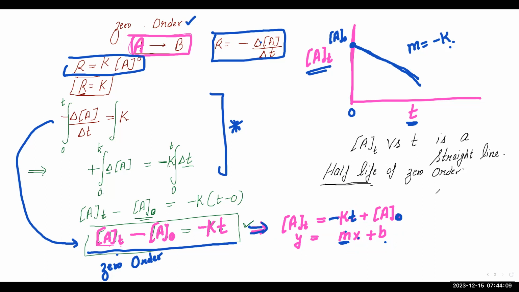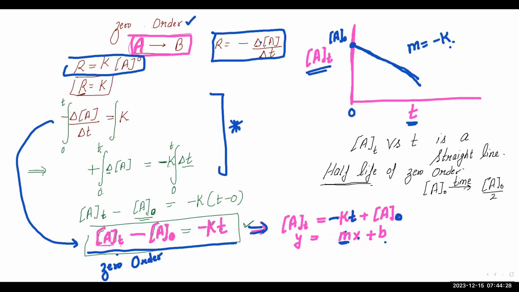Half-life means if you started with this concentration of A naught, when this concentration becomes exactly half of its initial, the time taken. So please understand the meaning of half-life.